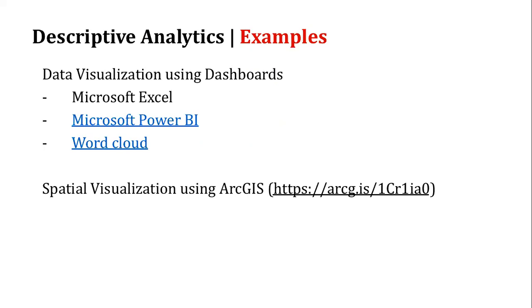descriptive analytics. What does it mean by descriptive analytics? Normally, as I said, we use some measures: mean, standard deviation, range, median. And some charts: pie charts, bar charts, scatter plots, line charts.